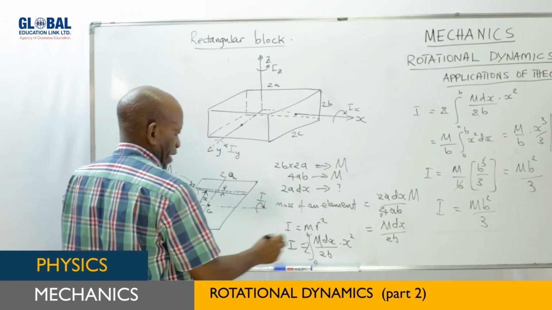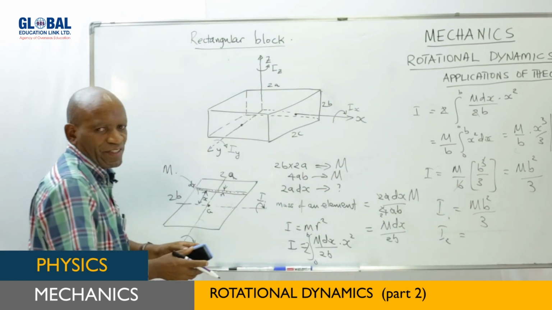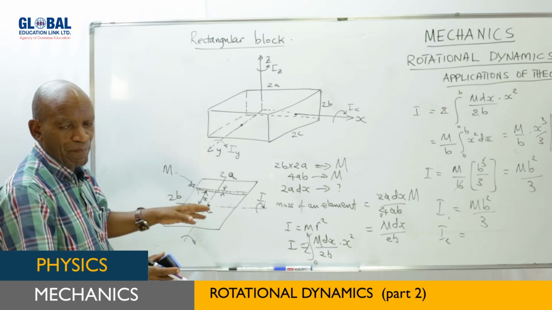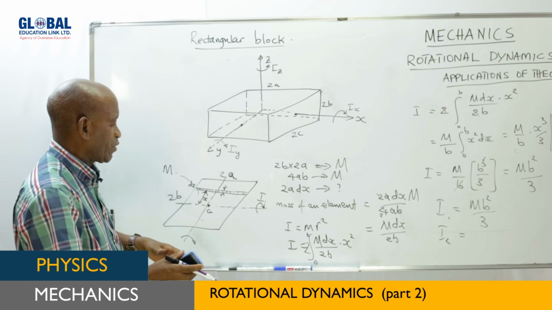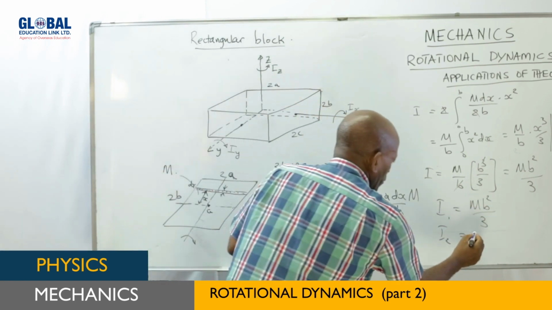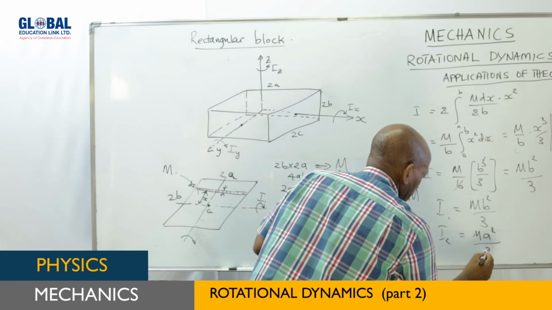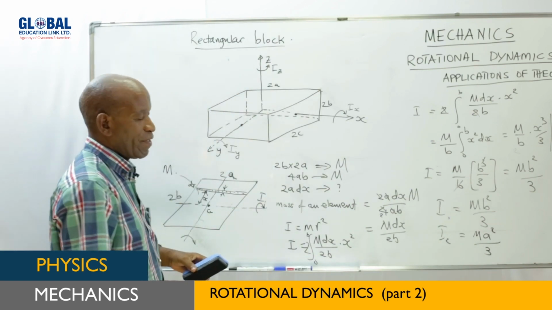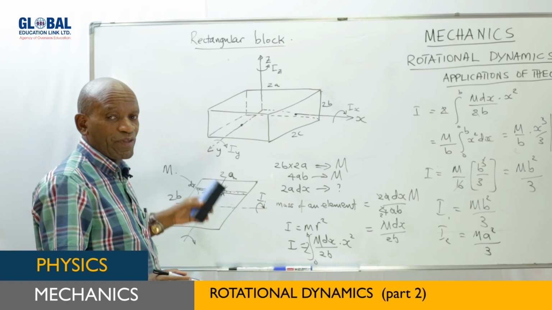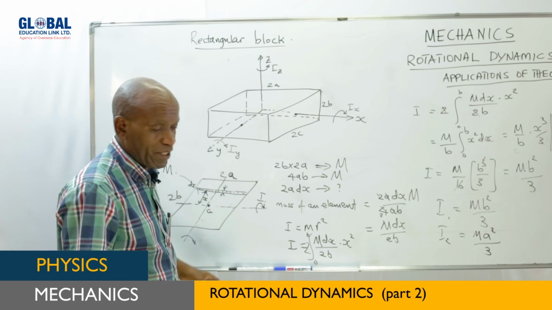So if I take this to be I1, then the moment of inertia I2 through an axis perpendicular to the first one over the same plane, passing at the center of that body, instead of a B here, I'll have an A. So it will be equal to M into A squared over 3. So this will be the moment of inertia of the second axis passing through the center of gravity of the same body, but over the plane of that body.